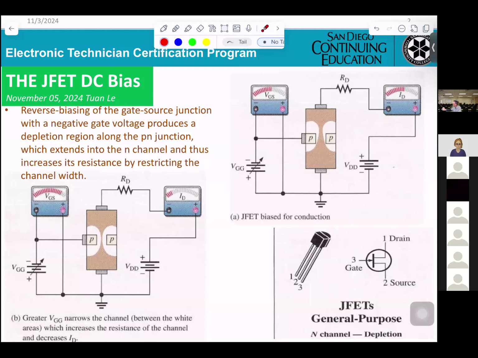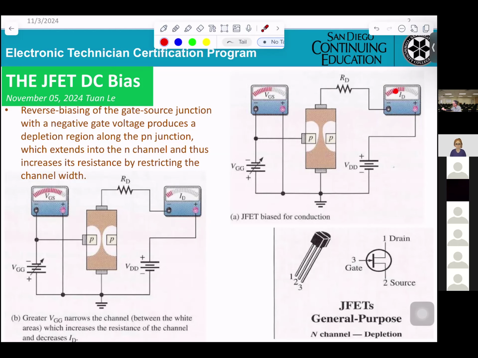The other DMM measures the current from the positive to the negative at the drain. So this is the channel. Electrons will be moving in this channel, so if it's wider, more electrons, more current. Narrow, less.